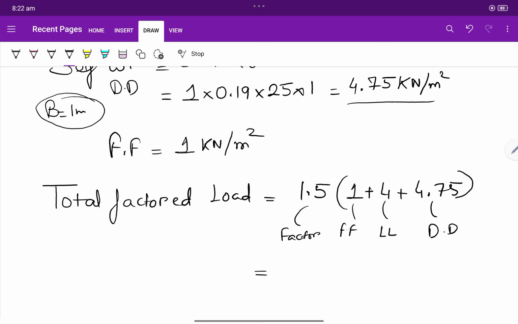If you do this, the value comes to 14.625 kilonewton per meter square.